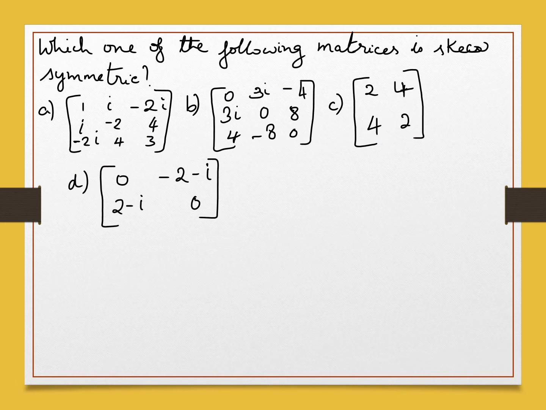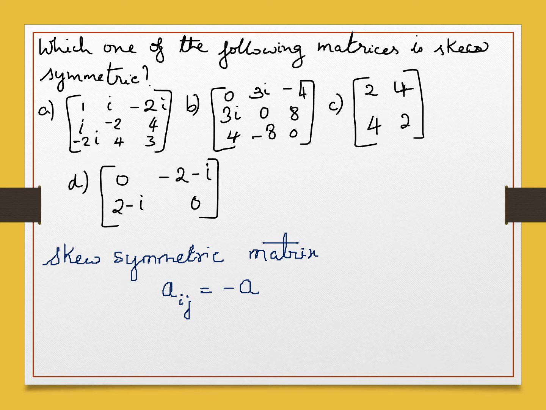The next question is, which one of the following matrices is skew symmetric? To start this problem, you should know two basic properties of a skew symmetric matrix, or how we can say that a matrix is skew symmetric. The first property: the ij-th element of the matrix should be equal to the negative of the ji-th element of the matrix.